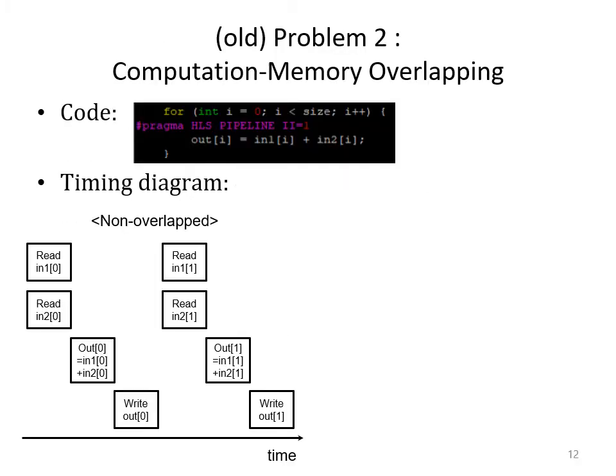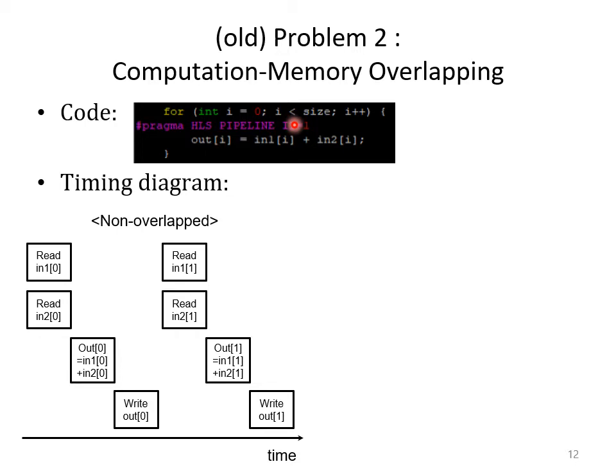Now I will describe the second problem. Let's go back to our vector add code and interpret this code word for word. So we'll fetch one element from in1, fetch one element from in2, do the addition, and then write the result to out.